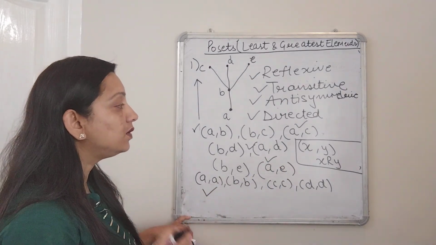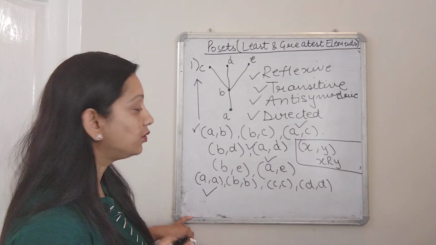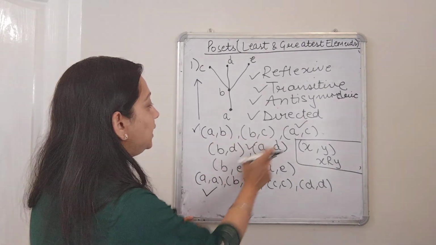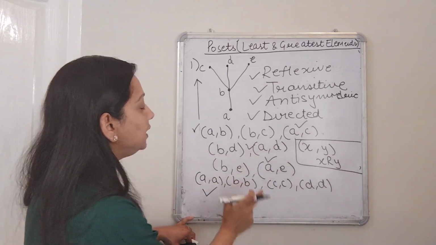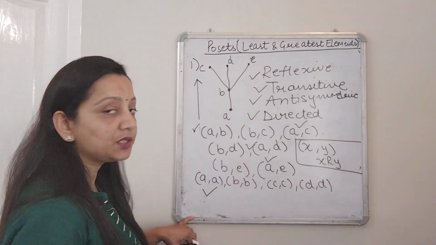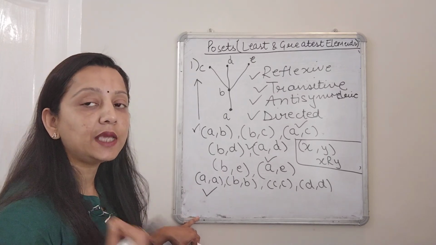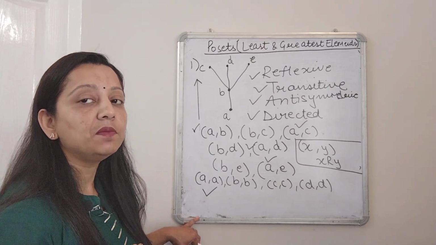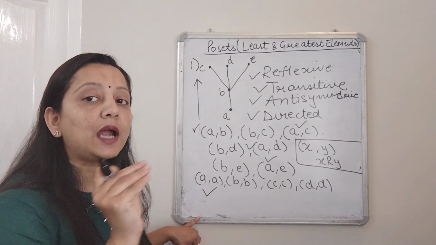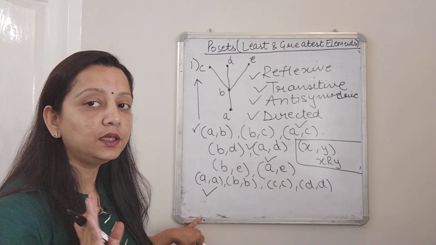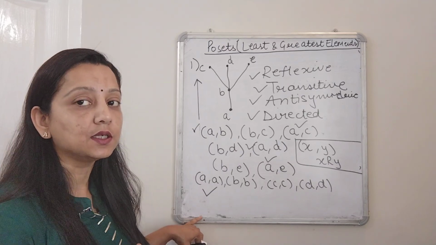That means A is related to every element of the set: itself, B, C, D and E. No other element is related to every other element. Plus, you can only have one least element or one greatest element. So if you found one least element, you do not need to look for another since that won't exist.